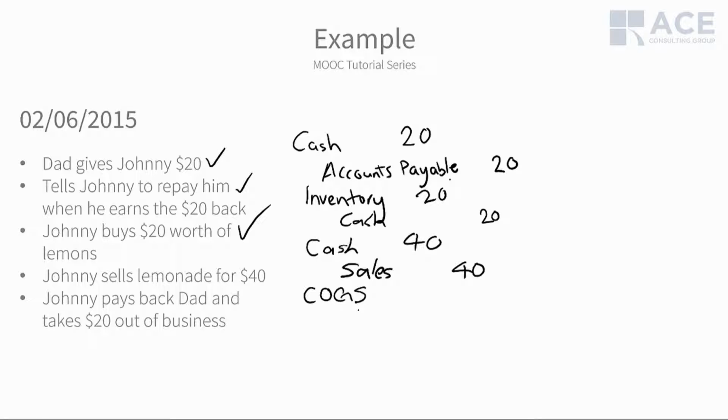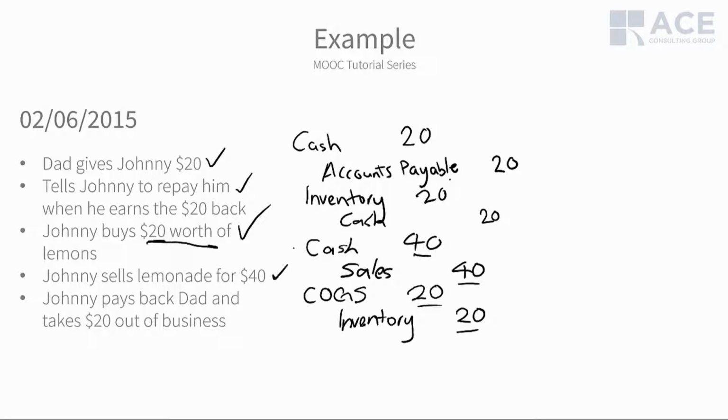How much were the cost of goods sold? Well, they were worth $20. So we'll debit this account for 20, and that's where we can get rid of our inventory by crediting 20. As you see here, now the accounts actually balance and they match.